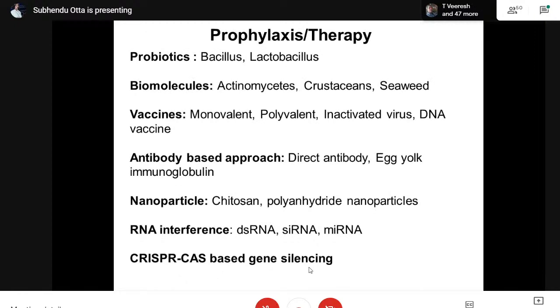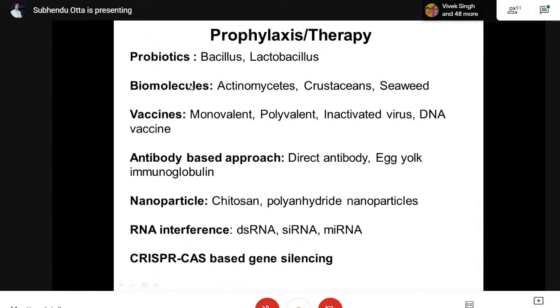Probiotics is another important aspect, to maintain diversity, and through their external secretions they are also able to kill many of the pathogens like Vibrio. They can control the secondary infection. That is how, to some degree, you are able to save your culture. Many Bacillus species or Lactobacillus species have been used as probiotics and have been found to be useful.